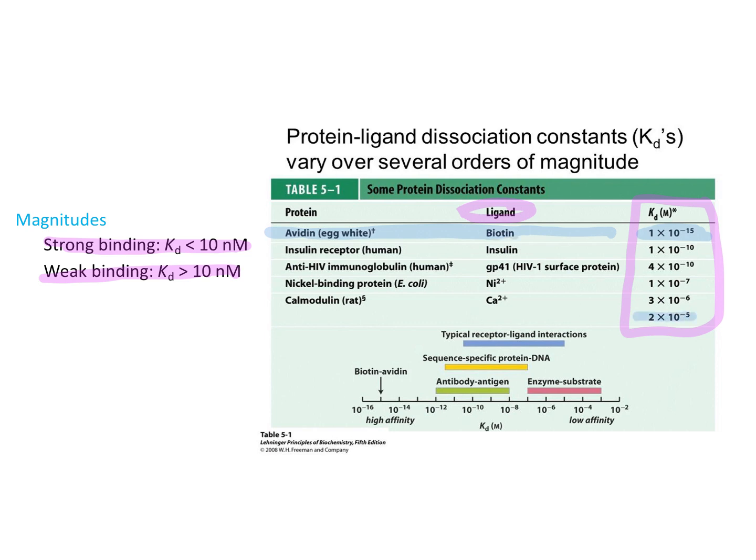In this case, the one with the weakest is calcium binding to calmodulin. So this is just to give you a scale in your mind about what high affinity, lower KDs mean versus bigger KDs and weak affinity.